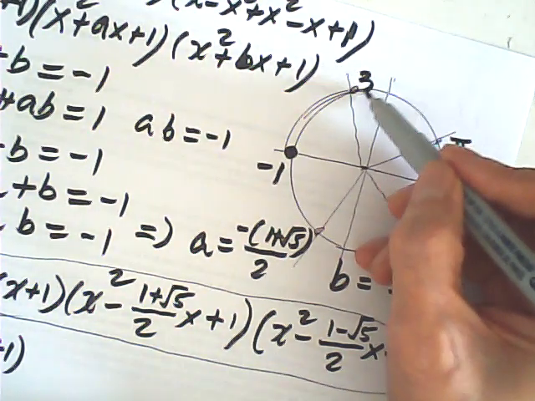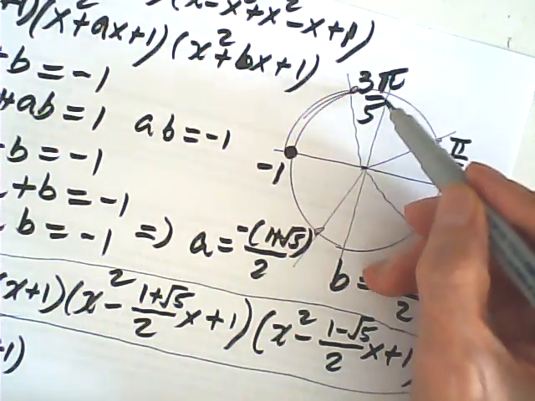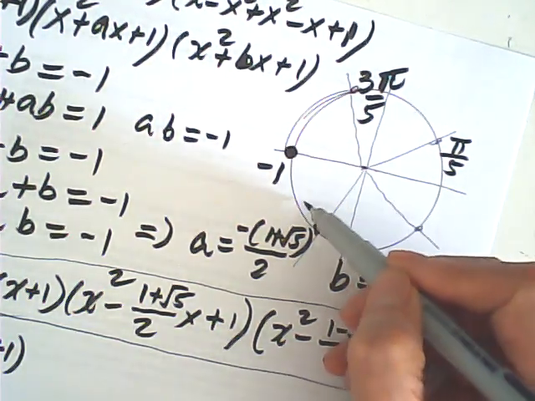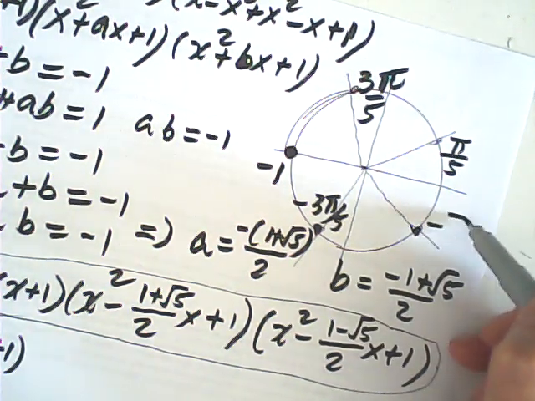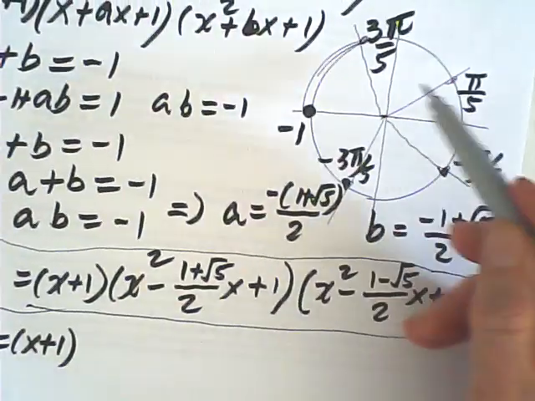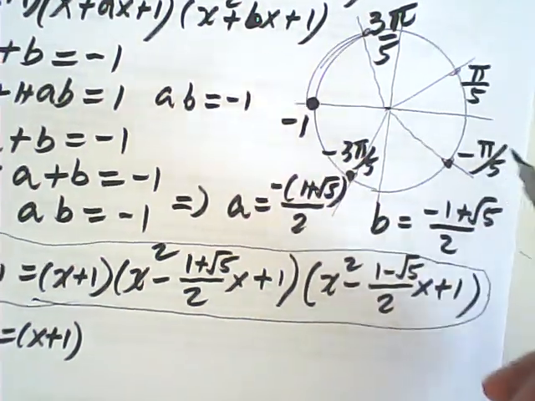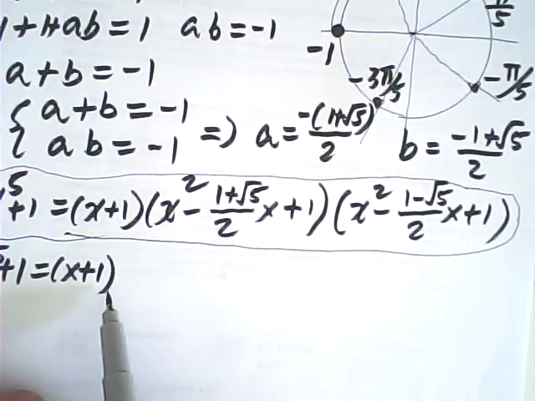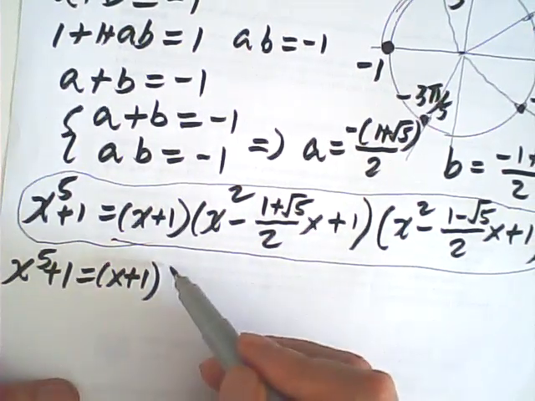This angle is 3 pi over 5, because 2 pi over 5 apart. And this is its conjugate, negative 3 pi over 5. This is negative pi over 5. So these are 5 roots, and x minus the root will be a factor. Negative 1 is a root, therefore x minus negative 1 is a factor.